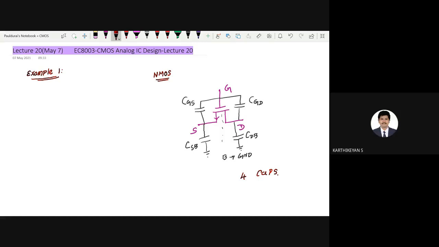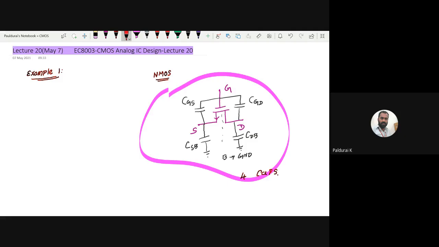But that capacitor has a very small value. If you study the physics of the MOSFET, you may want to calculate and consider that capacitor. But coming to frequency response, among these four it won't give much impact. The source to bulk and drain to bulk capacitors play a vital role in frequency response.